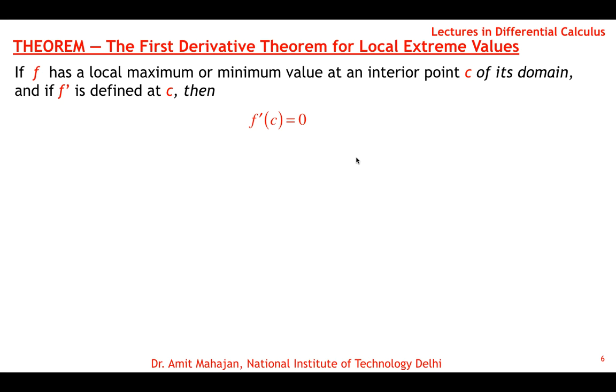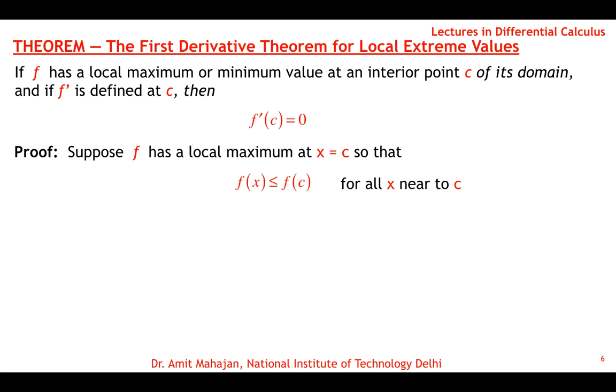If you plot the x cube curve, you will see that x equal to 0 is neither a point of maxima nor a point of minima. So derivative equal to 0 does not imply that it is a point of maxima or minima. But yes, if a function has a local maxima or minima at c and the derivative is defined at c, then definitely the derivative at c must be 0. So we will prove this result.